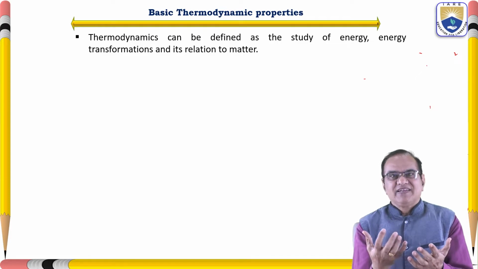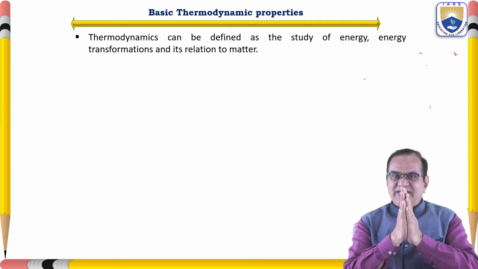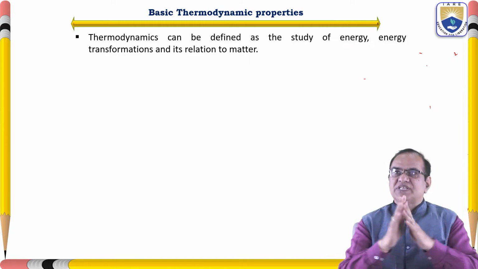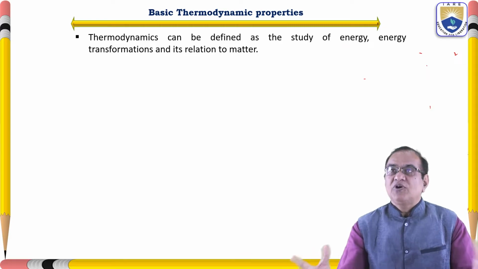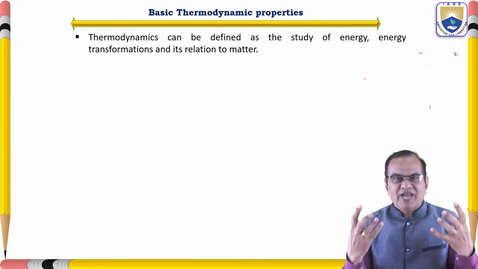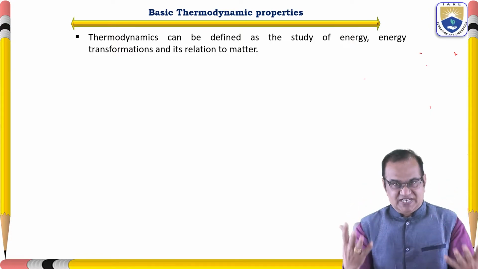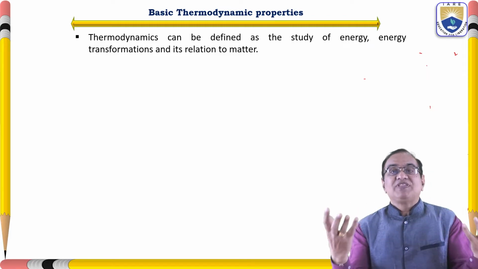The work energy which I put in with my hand is converted to heat by friction. Work is also energy, heat is also energy. So thermodynamics is the study of energy transformation and its relation with matter.